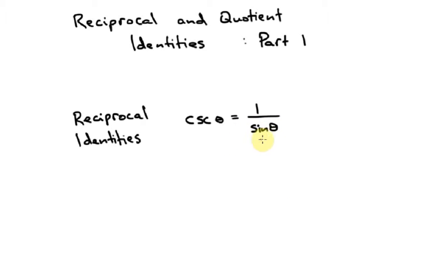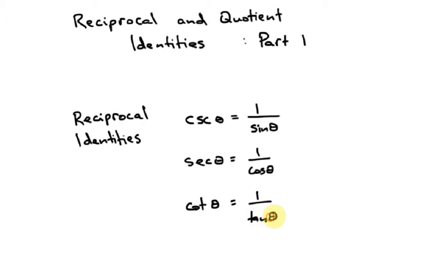And this is a relationship between these two trig functions. And we can list a whole gamut of them, like secant is equal to 1 over cos. Cotangent is equal to 1 over tangent.